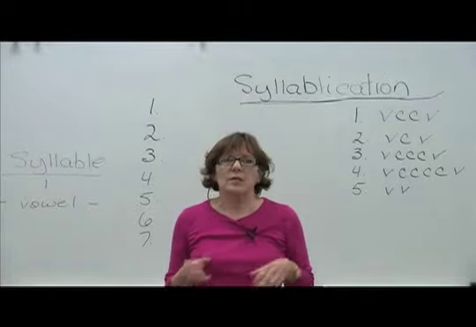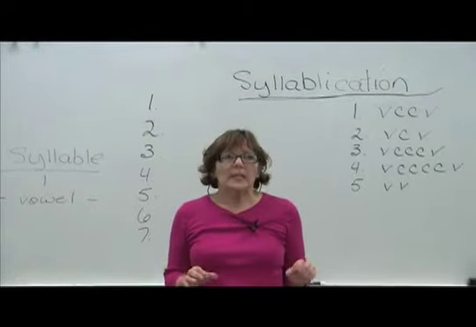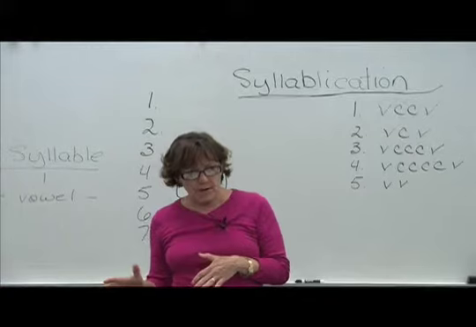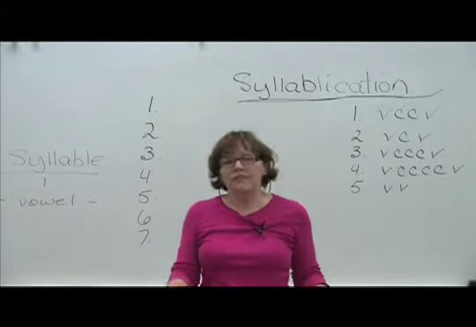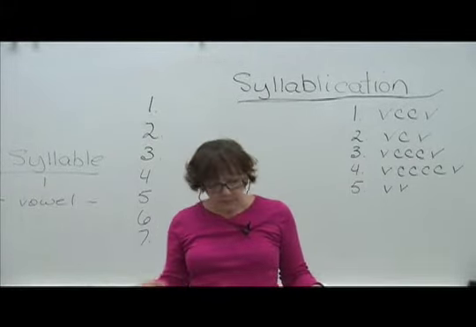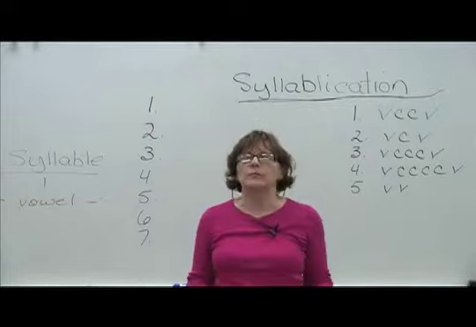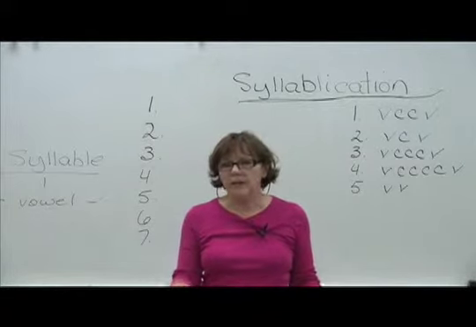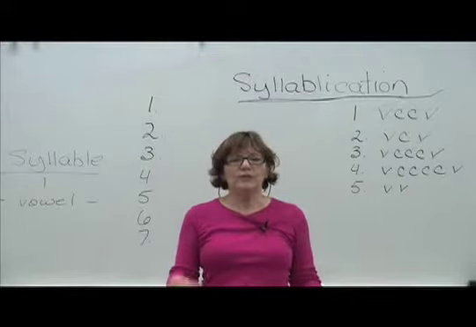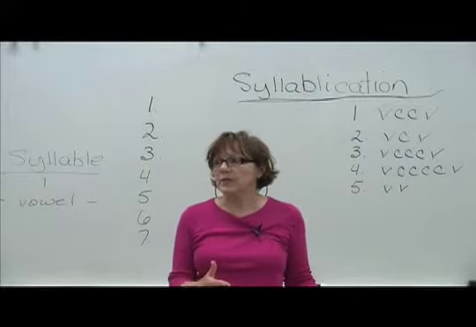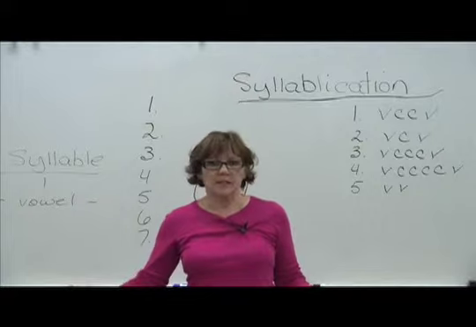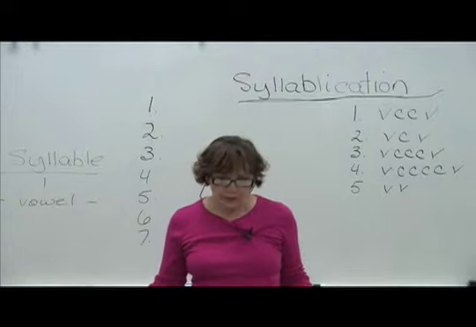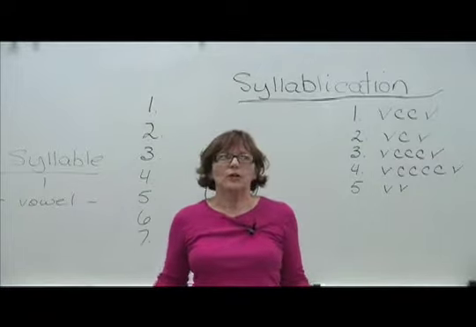I tell adults words have as many parts to them as we can hear the vowels inside of those. To make that a little simpler, I will start with, you can't have a word without a vowel in it. In other words, if you just had a language that was built on only the consonants, there would be no vocabulary. There would be no words.